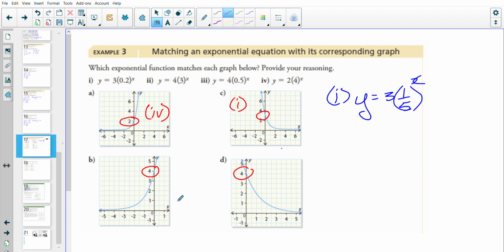Now, both b and d have a y-intercept of 4. However, b is increasing and d is decreasing. Take a look at the functions above and see which one is increasing. Which one has a y-intercept of 4 and is also increasing?